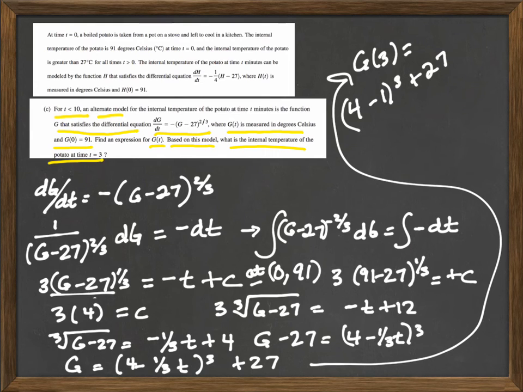So that would be 27 plus 27, which is equal to 54 degrees Celsius.